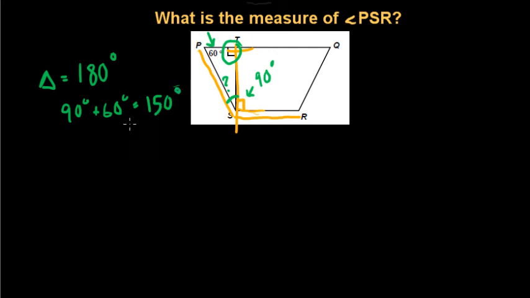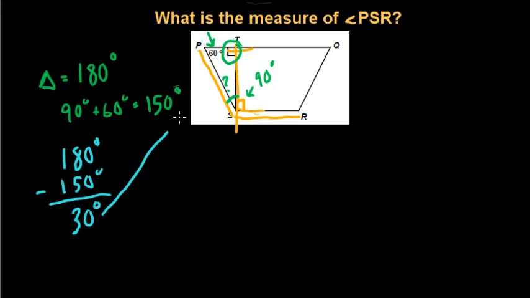So if the whole triangle is 180, but these two are 150, what's left over? Well, it's a simple little subtraction problem. 180 degrees, take away 150 degrees, and I'm left over with 30 degrees. So that means this angle right here is 30 degrees.